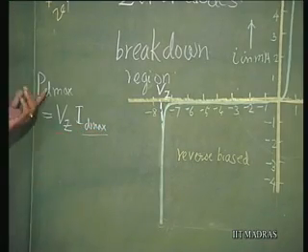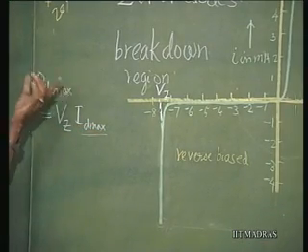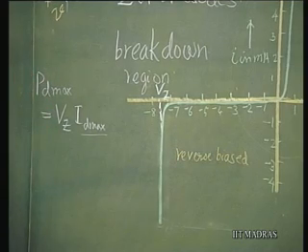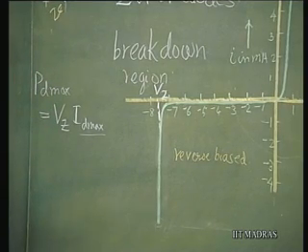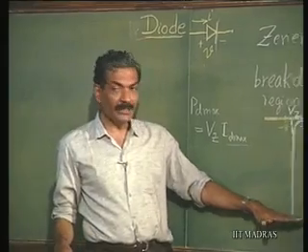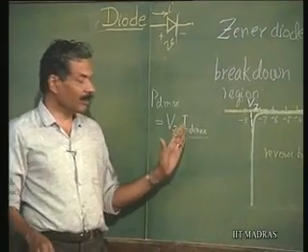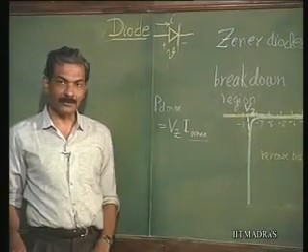That is the maximum power the Zener diode is capable of dissipating without permanently getting damaged. So, you should always operate this Zener diode below this value of current ID max.